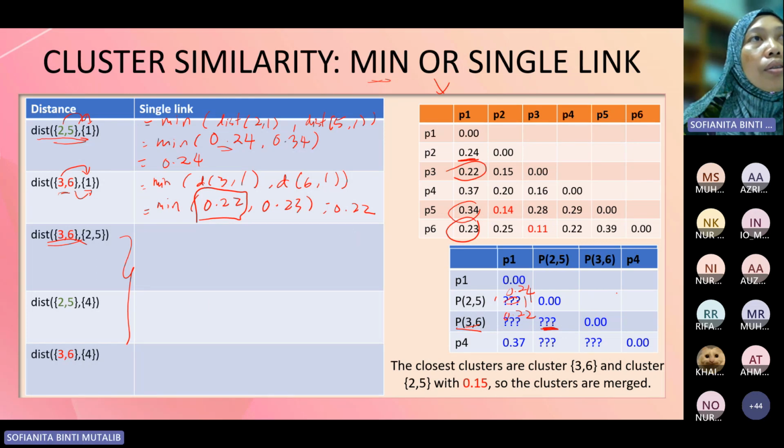Those who get the answer and want to share it, you can put it in the chat. Any answer for this value?